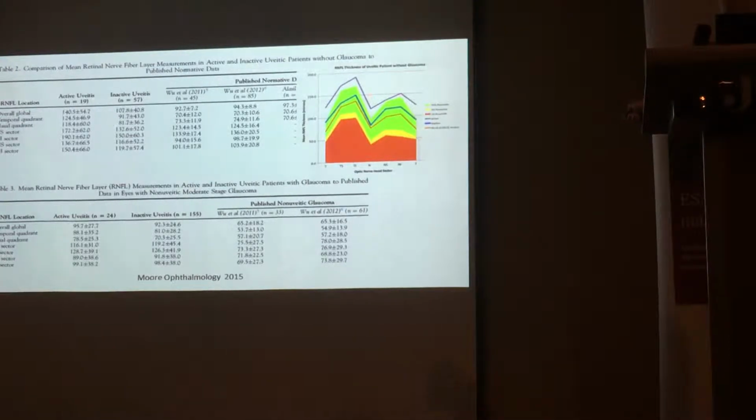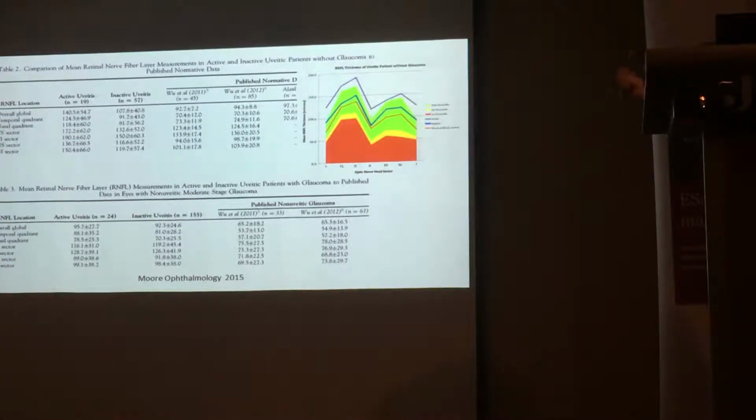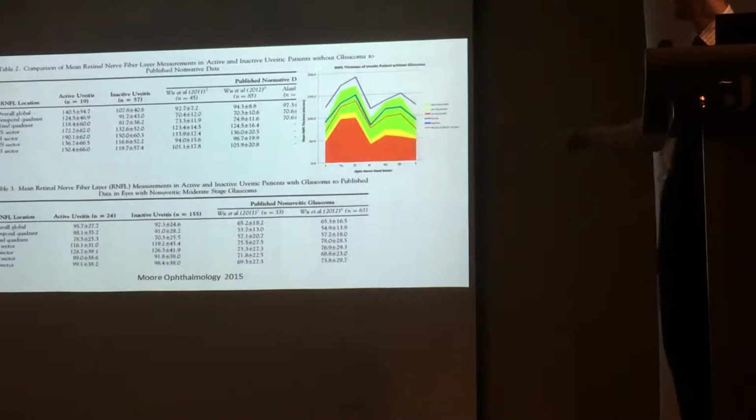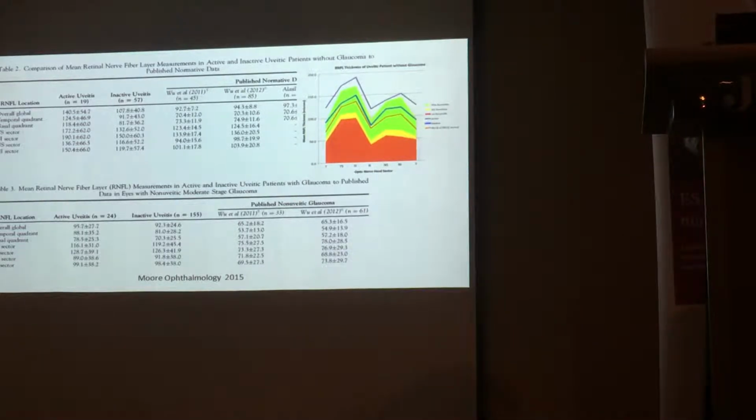So this top gray line was the thickness when the patients have active swelling and inflammation. You see that the thickness of the RNFL is way beyond green, much, much thicker than green. Whereas when they came down to a non-inflamed state, they came into the green state, and actually, if they were truly glaucoma like a non-uveitic glaucoma, they would be even less thick. So you've got to be careful with that.